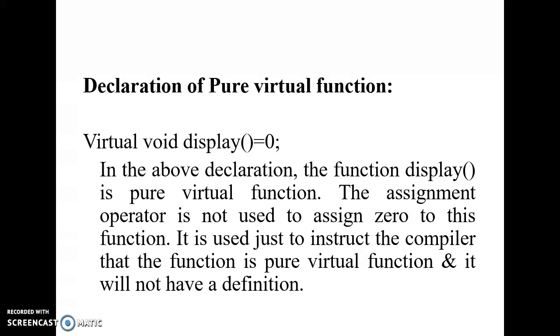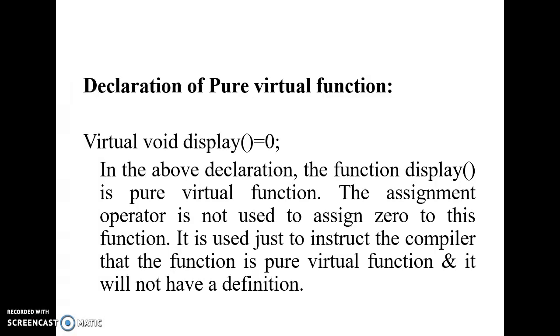Here the equal to sign is not used with its real meaning of assignment operator. We know that single equal to is the assignment operator, double equal to is the comparison operator, but here equal to 0 is not an assignment operator giving value 0 to the display function.